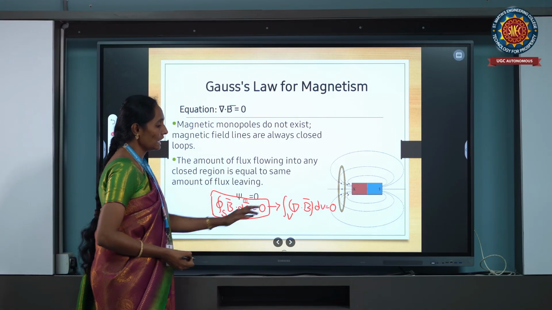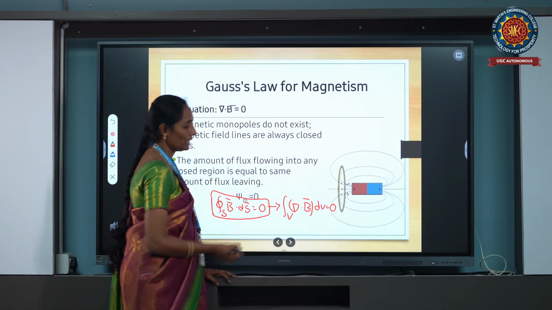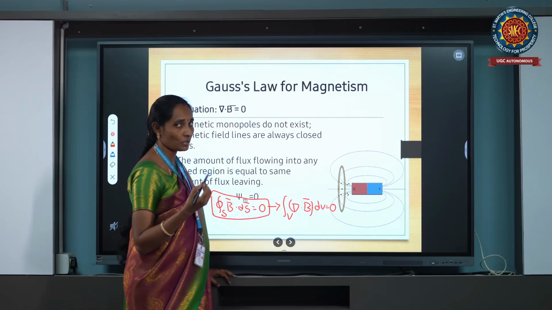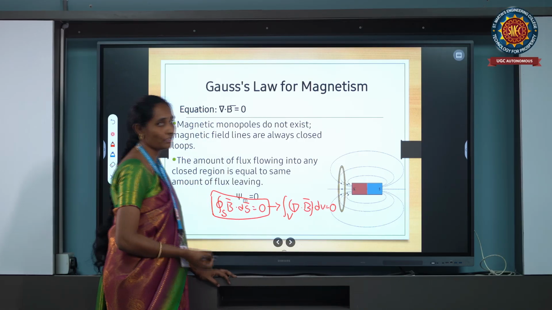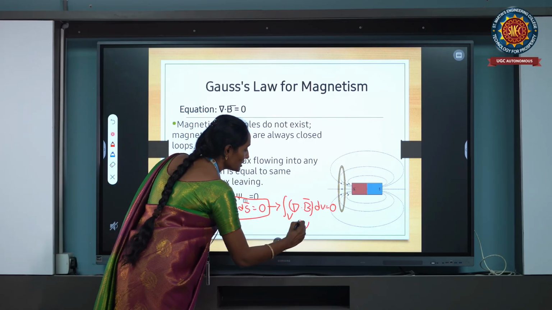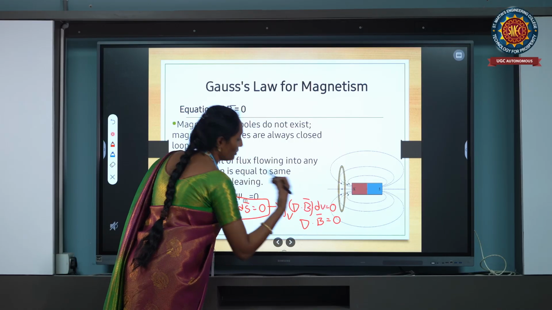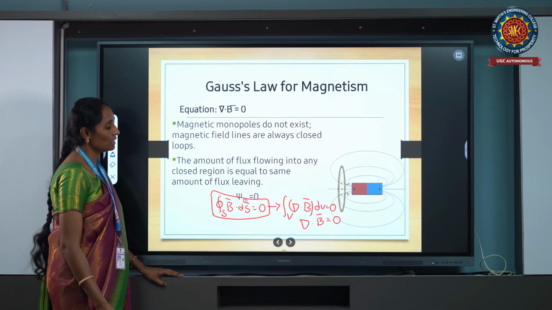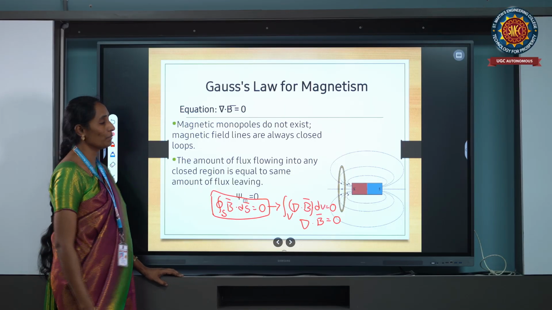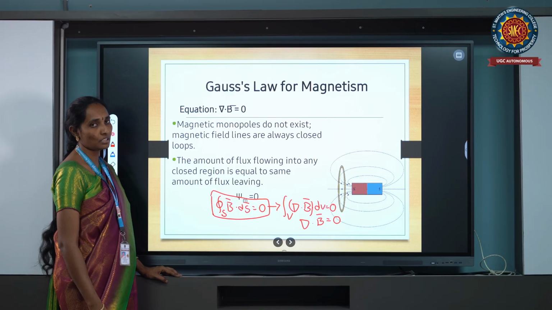On the LHS there is a volume integration, and on the RHS there is no integration. Whenever we apply the limits, the final value is del dot B bar is equal to 0. Like that we can derive Maxwell's third equation from the non-existence of the single pole.